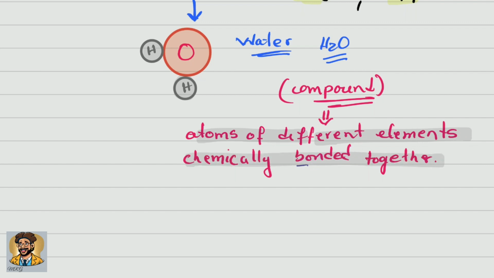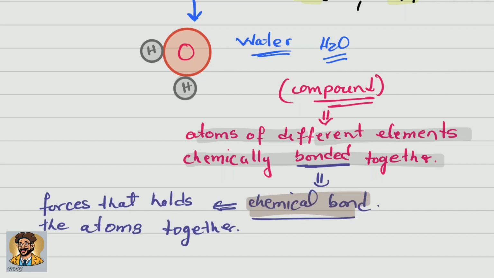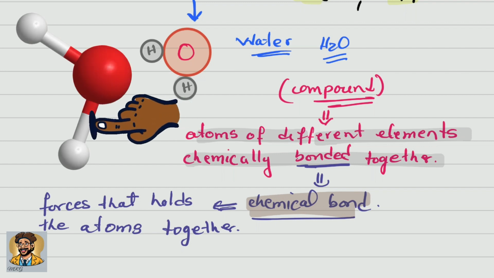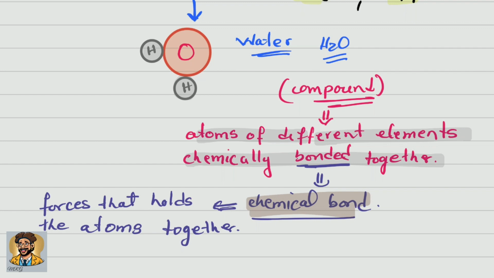Now, here we have another important word, which is bonded. That is a chemical bond. Chemical bonds are the forces that hold the atoms together. For example, if we draw this water molecule and represent the chemical bonding, we would represent that bonding with lines.